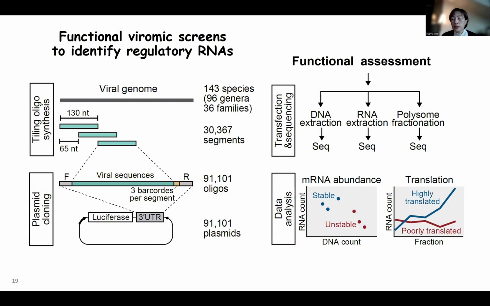We also performed polysome fractionation experiment, and by sequencing each fraction, we could estimate their impacts on translation. So if the mRNA is highly translated, you would have an enrichment in the heavy polysome fraction.